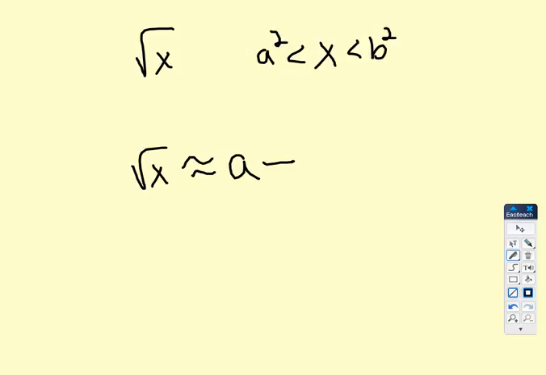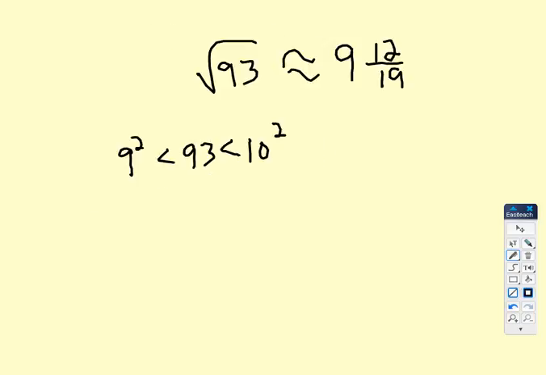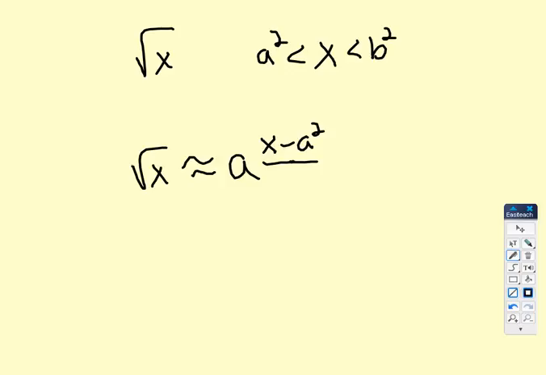Let's do that same thing: subtract x minus a squared. And I added 9 plus 10, so I'm going to add a plus b. That'll work no matter what the number is, as long as I know what two perfect squares that number is between.